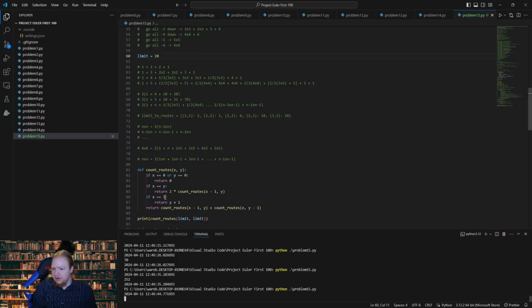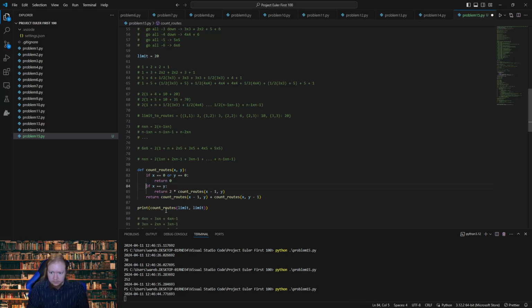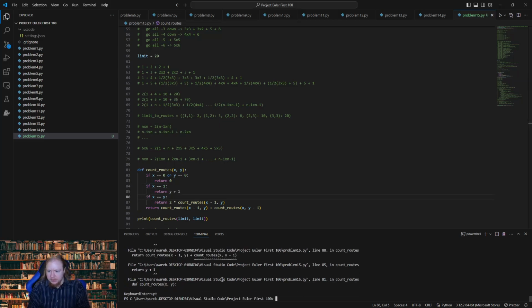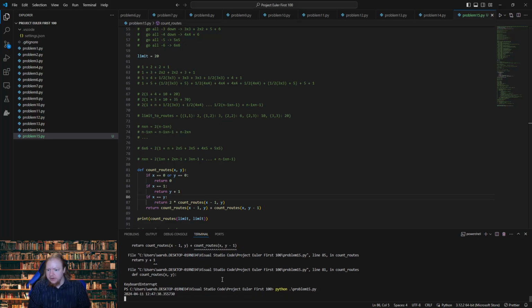It occurs to me that I should flip these two. Should be like that. I don't know if that'll make us a little bit more efficient or anything.